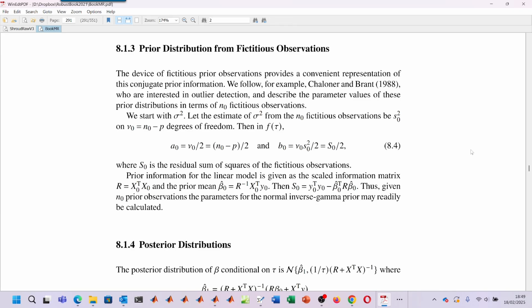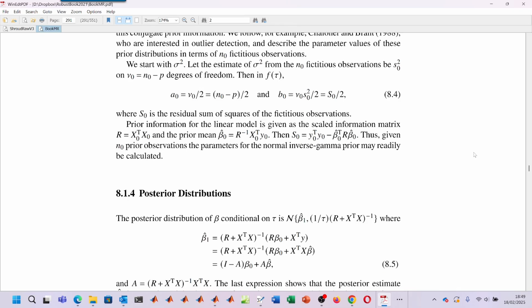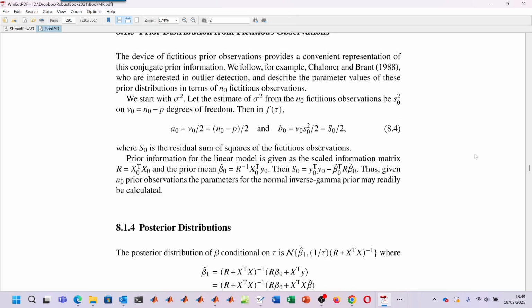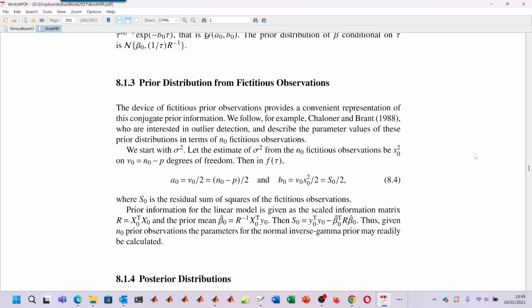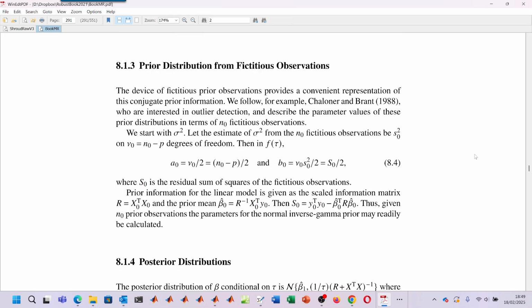We continue to consider normal theory linear regression. If we have a prior distribution, we combine it with the log likelihood to get a posterior distribution. A conjugate distribution for a particular problem is one in which the prior distribution combined with the log likelihood leads to the same distribution again, but with different parameter values.